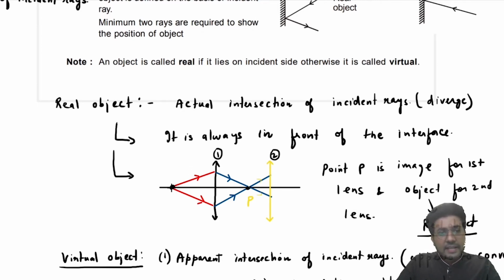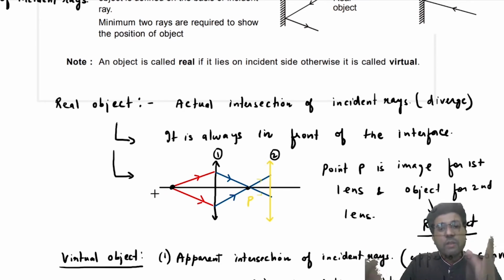Okay, and there is an actual intersection of these rays. Whenever there is an actual intersection of these rays, this point is a real object. You must remember, from a real object, incident rays will always diverge. Second thing that you have to remember in a real object is that it is always in front of an optical instrument. This is very important.